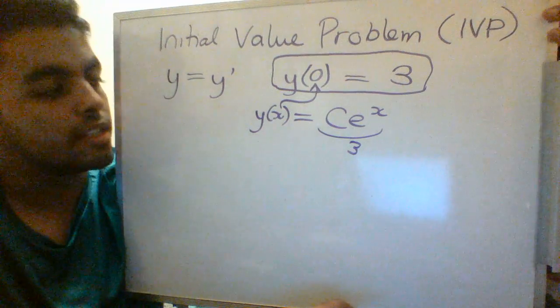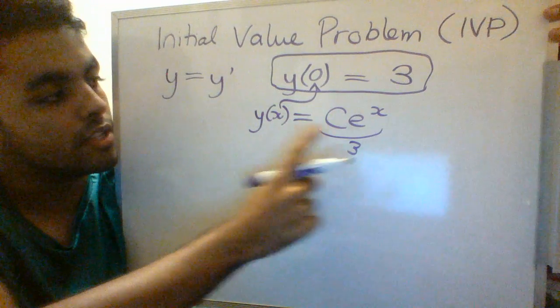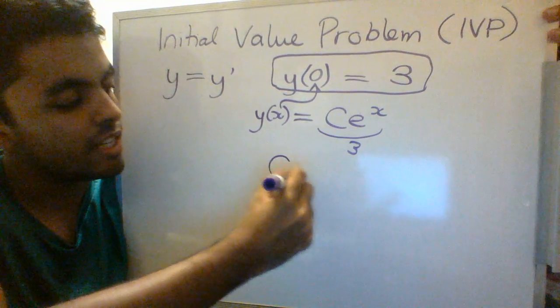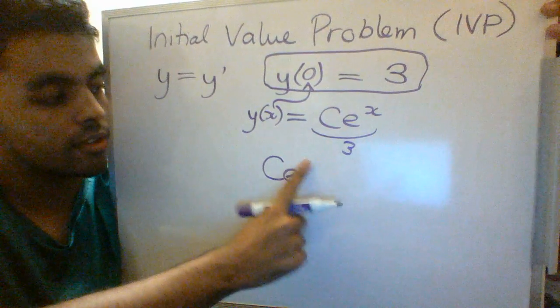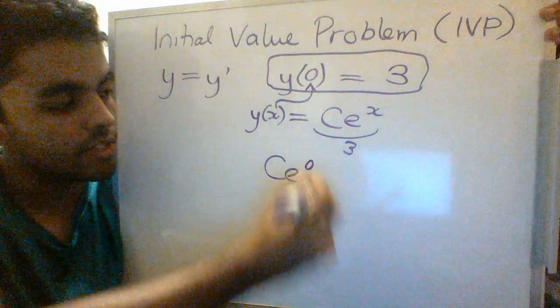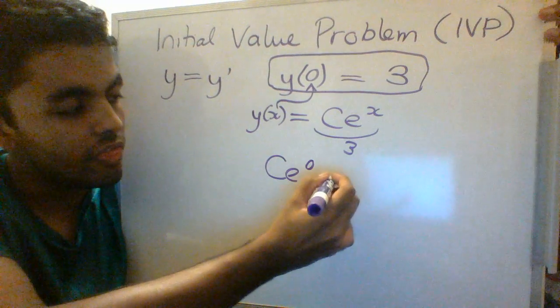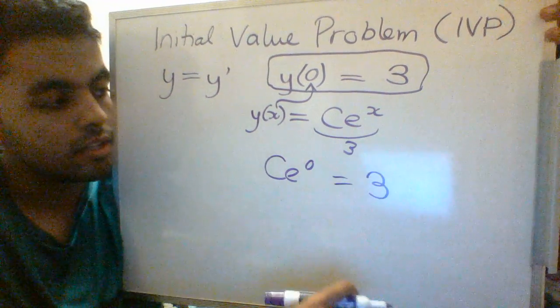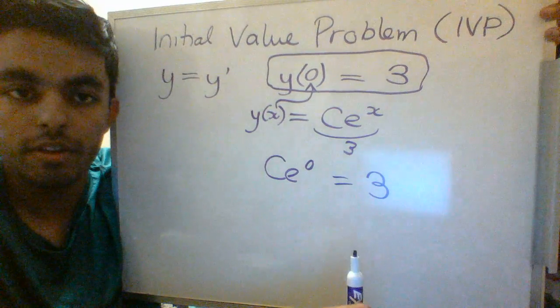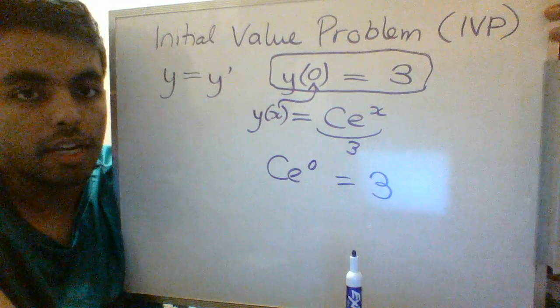So what this is telling us is that when x equals 0, that means instead of c e to the x, we know x is 0, right? So this x can be replaced by a 0, and then this c times e to the 0 is equal to 3. All right? So that's what we're going to come to in just a sec.